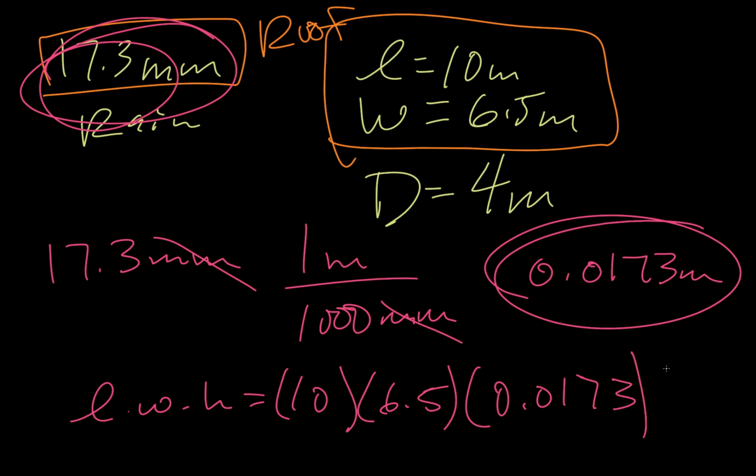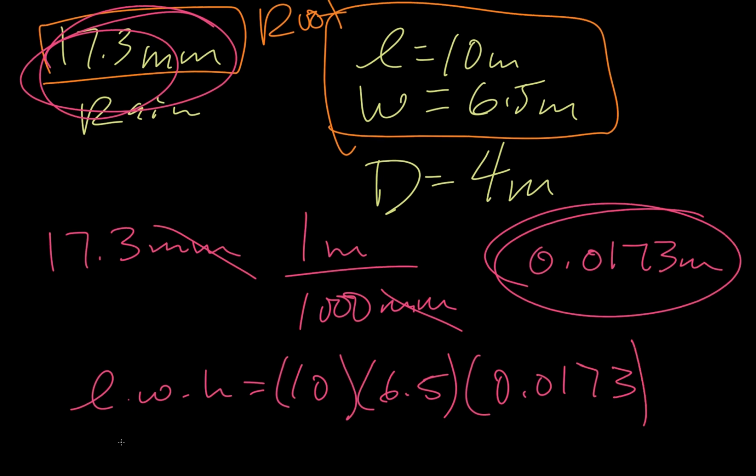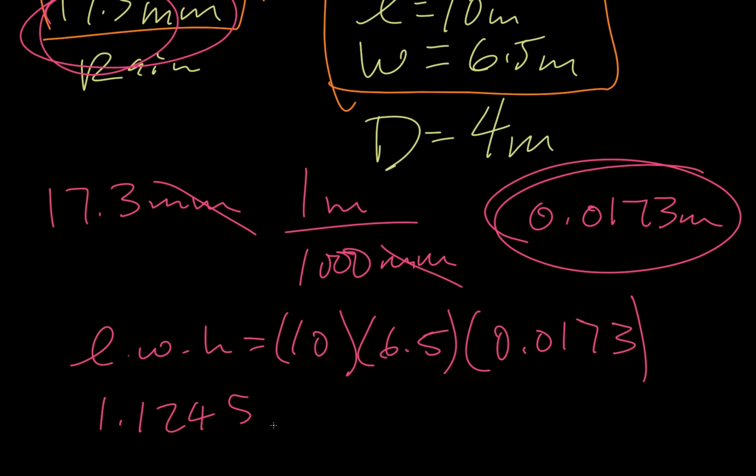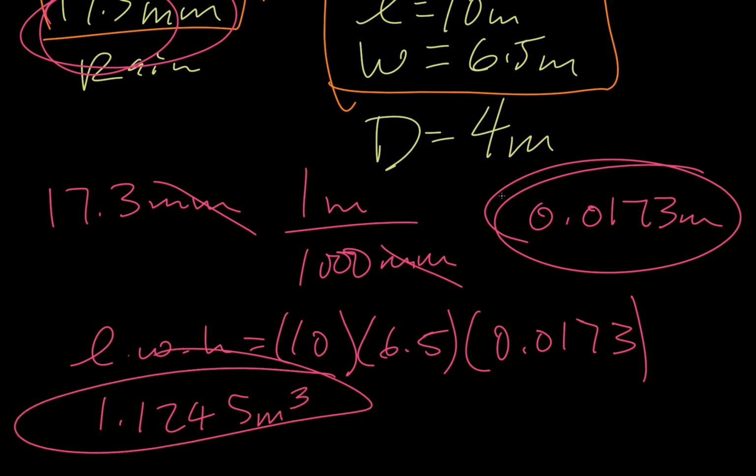Multiply all those together, and we know on the roof it's 1.1245 meters cubed. Okay, so that's a piece that we need, and that's the roof, so I'm going to just write roof.